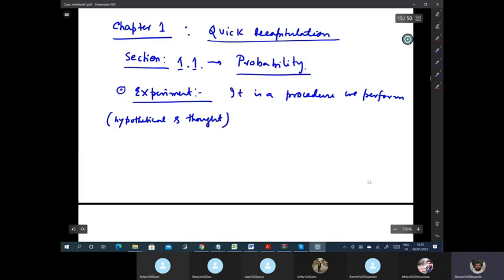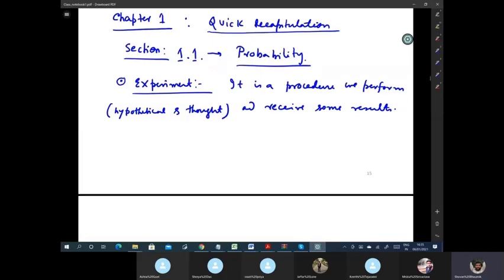A procedure that we perform and receive some results. So an experiment means some procedure and some result. For example, tossing a coin is definitely an experiment. There are two things: the procedure, that means we toss the coin, and the result, what you obtain.